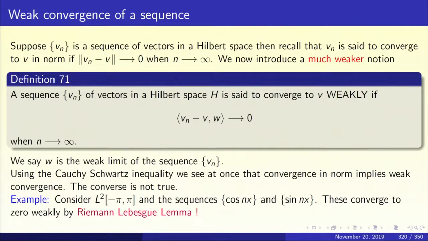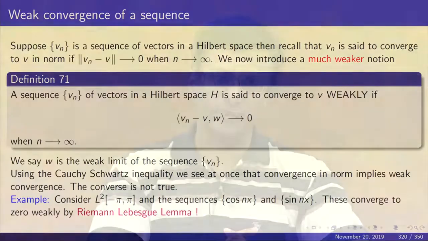Now, using the Cauchy-Schwarz inequality, we see at once that norm convergence implies weak convergence. It's a simple exercise, and I leave it to you to check this.